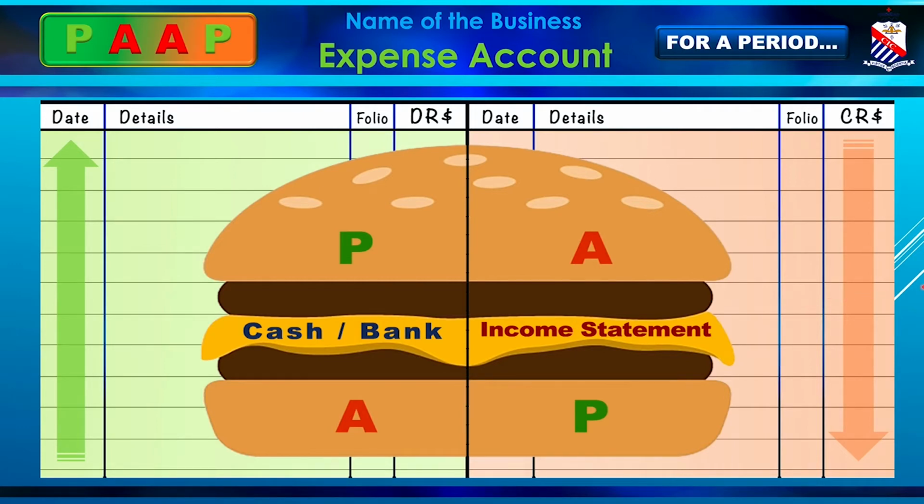You can just remember it. I know you guys like food, so think of this as the most delicious burger. It is very important as an expense account burger. PAAP with your PA, AP, and then your cash or bank, and income statement in the middle.